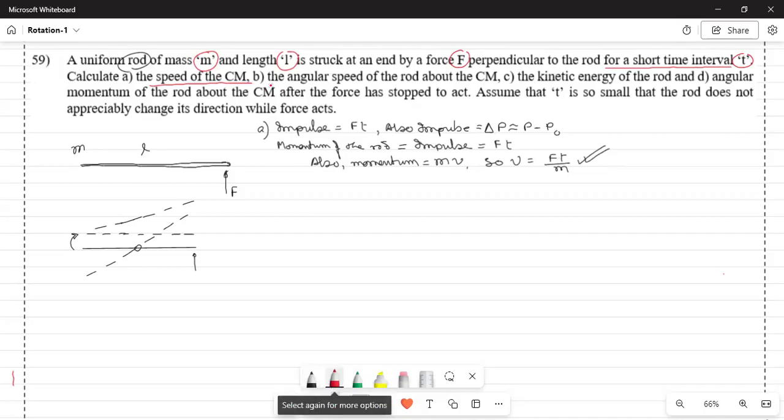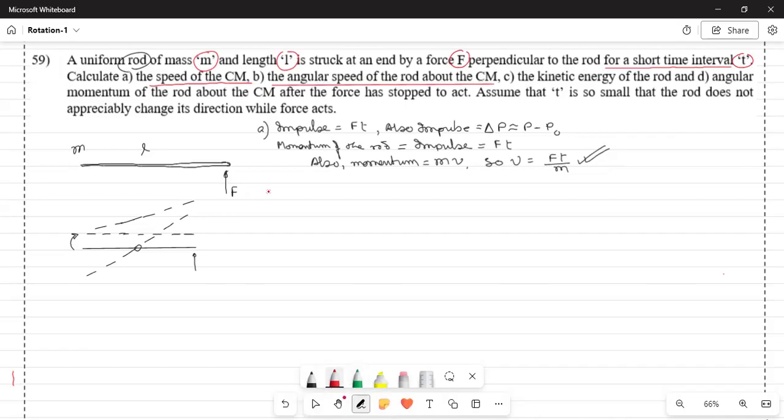Then secondly, the angular speed of the rod about the center of mass. Now, as I said, the rod will move linearly. Also, it will have an angular move. Now, what is the angular momentum?